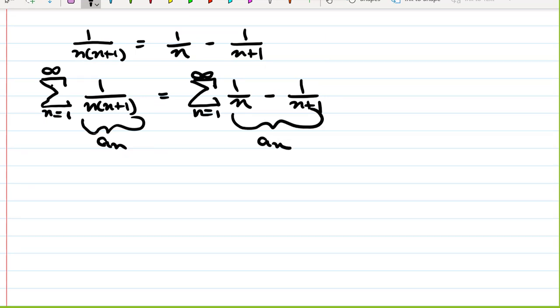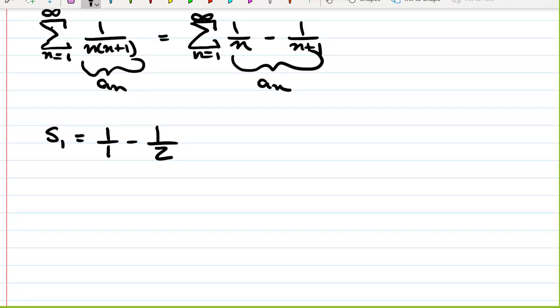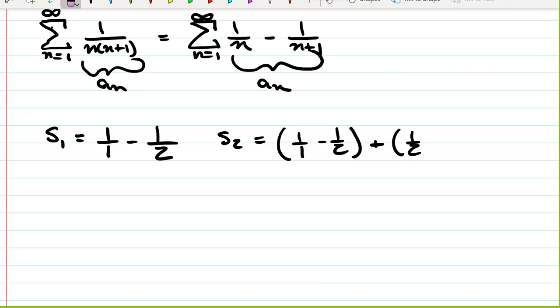So let's write out some of our partial sums using this new an. So S1 would be 1 over 1 minus 1 plus 1 is 2, 1 over 2. S sub 2 would be 1 over 1 minus 1 over 2 plus, now I put 2 in, 1 over 2 minus 2 plus 1 is 3.